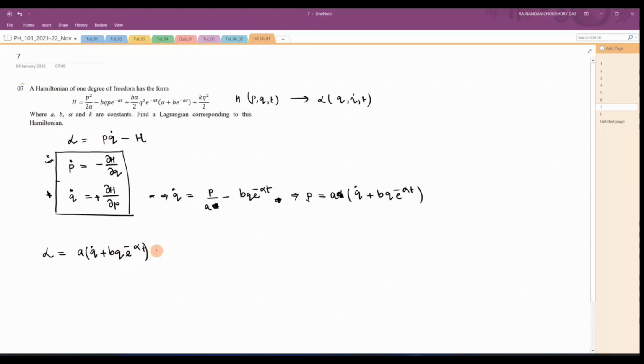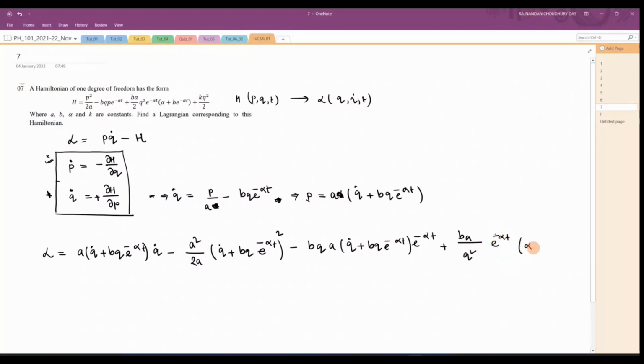H we have to simplify now: p squared by 2A, so it will become 1 by 2A times (A q dot plus b q e to the power minus alpha t) whole square, minus b q (A q dot plus b q e to the power minus alpha t) e to the power minus alpha t, plus the remaining terms with b A by q square e to the power minus alpha t.